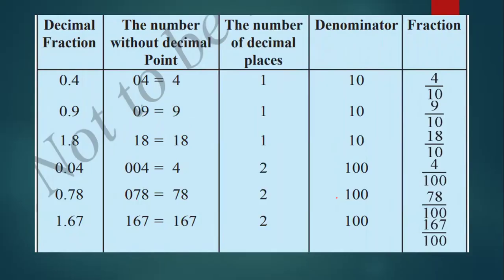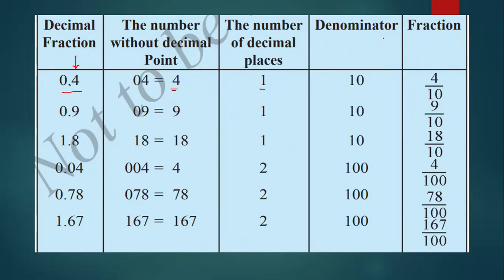See this table: decimal fraction, number without decimal point, the number of decimal places, denominator, fraction. Here, decimal fraction is 0.4. The number without decimal point is 4. The number of decimal places here, after point, only one number is there.